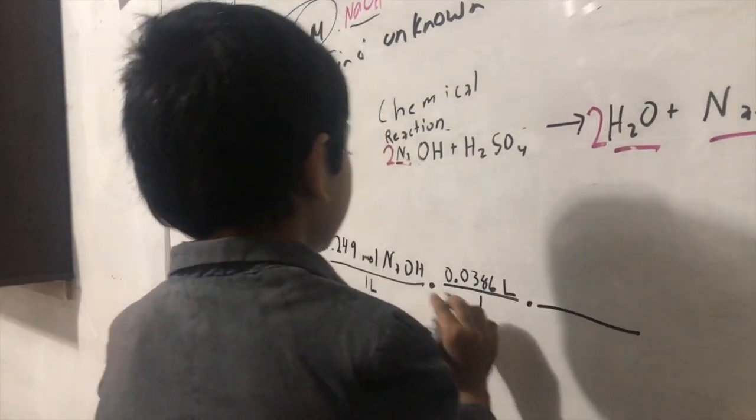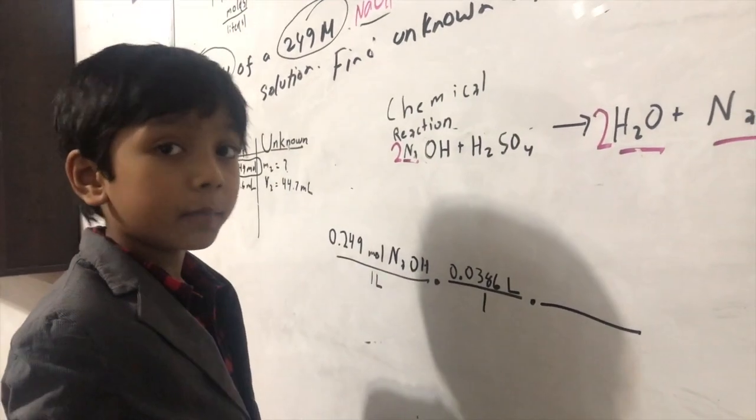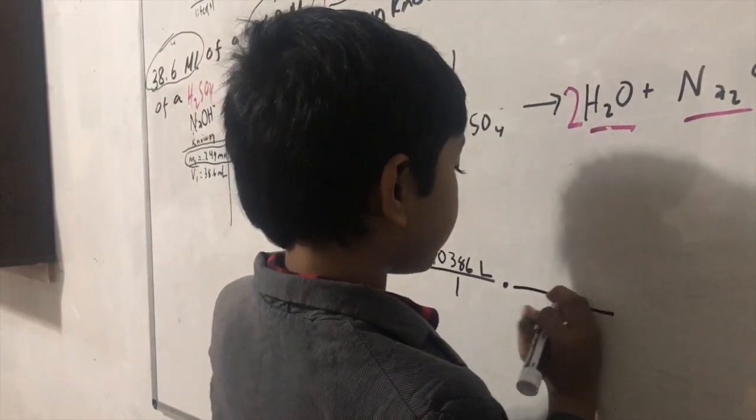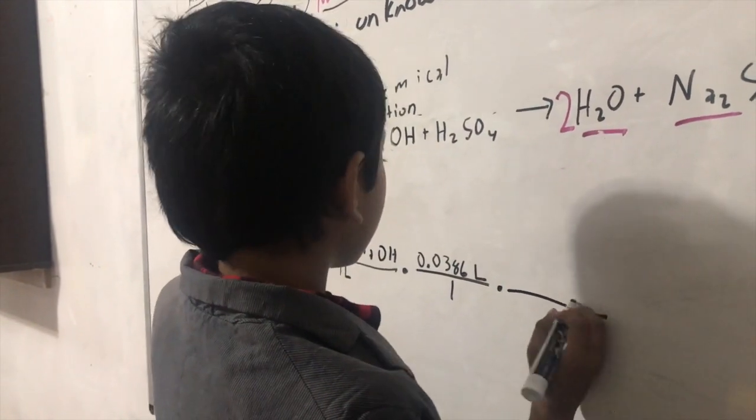Divided by, there's 1 mole of NaOH on the top, right? So I have to put 1 on the bottom.